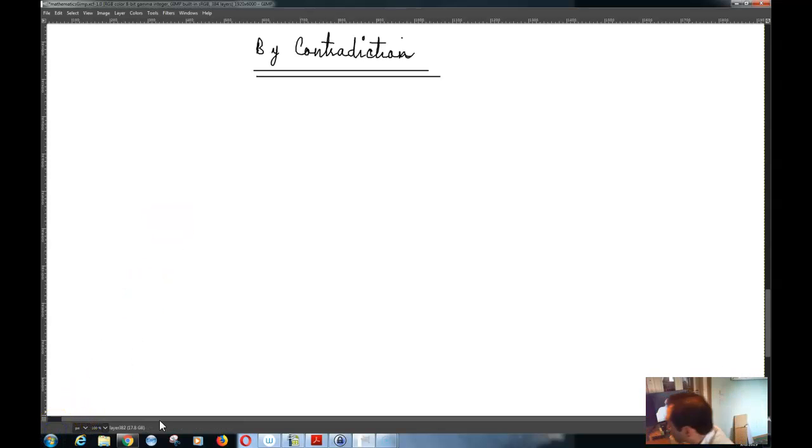So by contradiction, to check whether a statement P is true, we assume that P is not true. For example, you have some statement P and you want to check whether it is true or not.